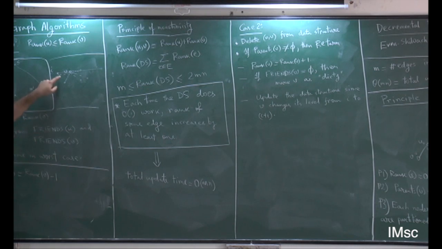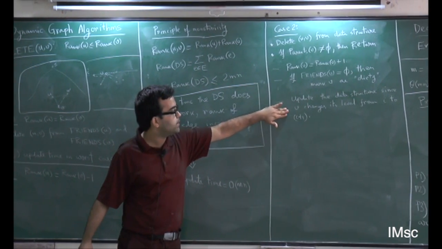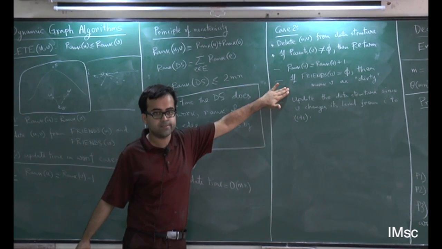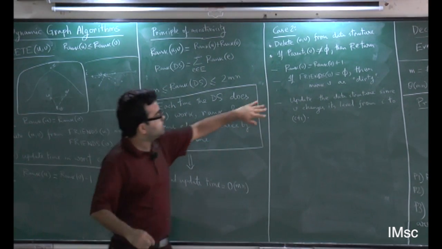Now, what do I mean by that? This operation will be implemented regardless of whether friends of V is empty or not. Okay. Now, what does this operation entail?